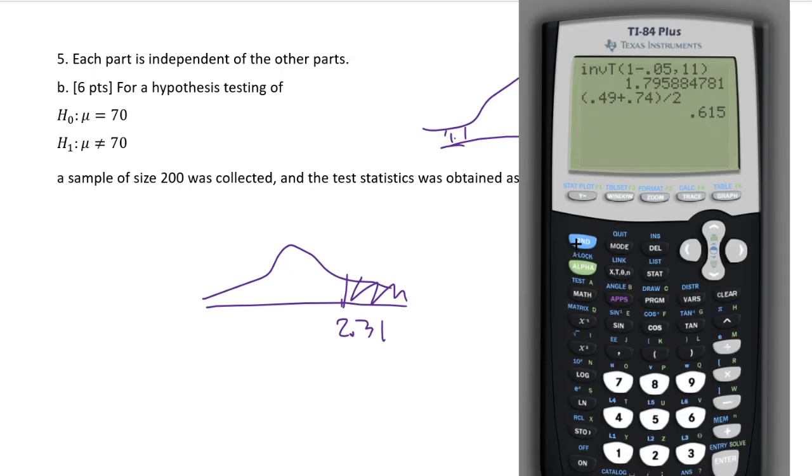First, we can use the normal CDF to get the area from negative infinity until 2.31.